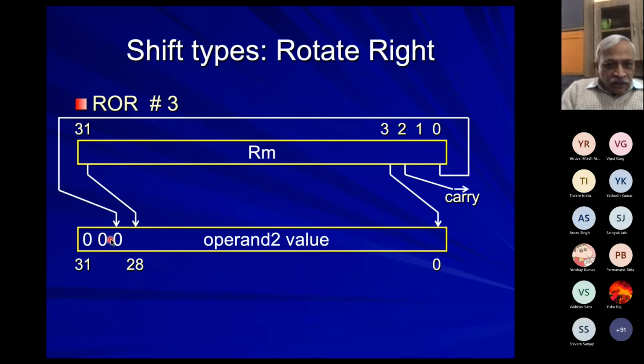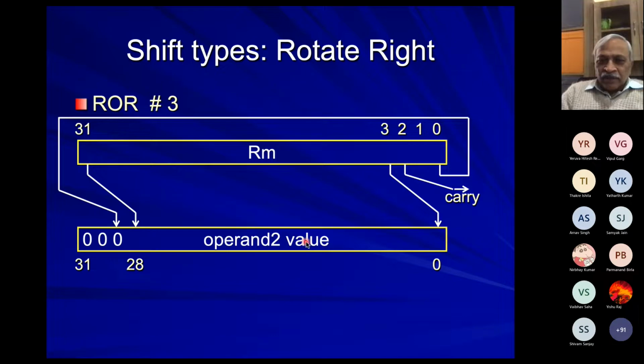Sorry, here I think I shouldn't have put zeros here. It's these 3 bits, number 0, 1, and 2, that will come here. You're rotating right by 3 positions. So no bits are getting lost here. The bits are circulated rightwards. So all bits are retained.